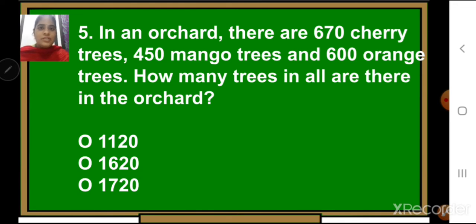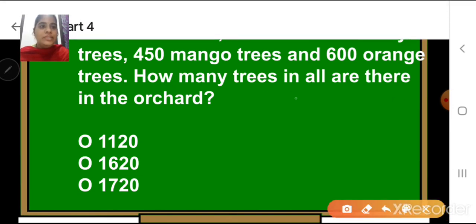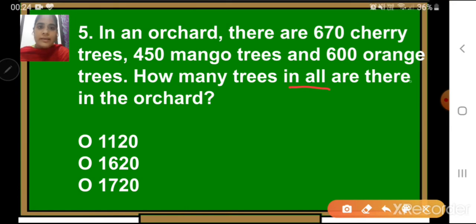We have to first understand what the question is and what we have to do. Now in this question they have mentioned how many trees in all are there in the orchard. In all we have to find out, right, how many cherry trees, mango trees and orange trees are there. So that means we have to add all of them. Okay, so after adding we can find the answer.